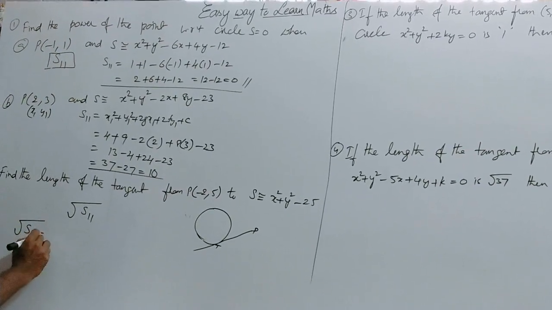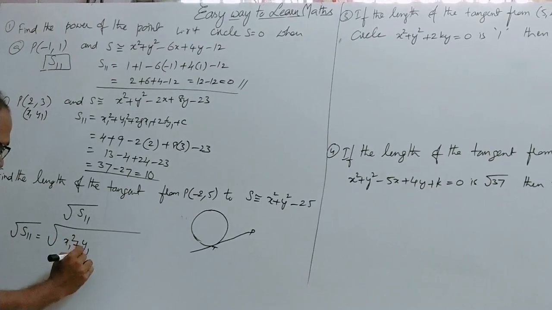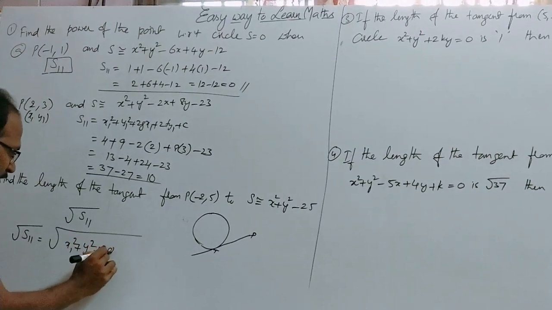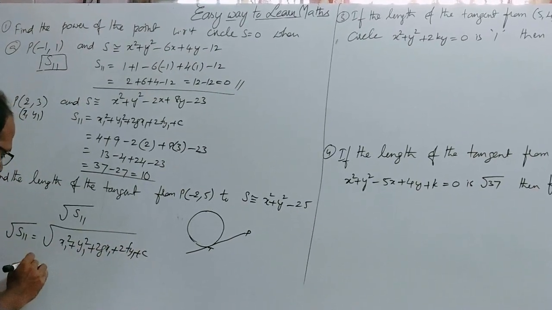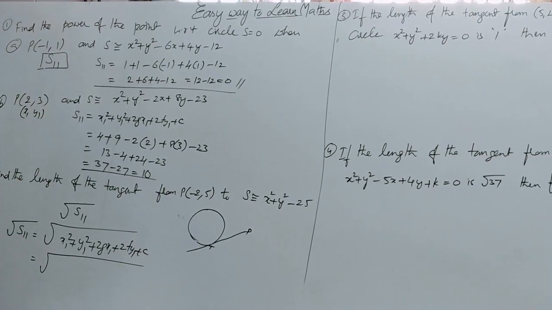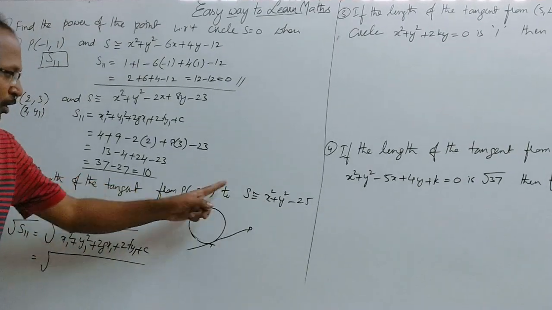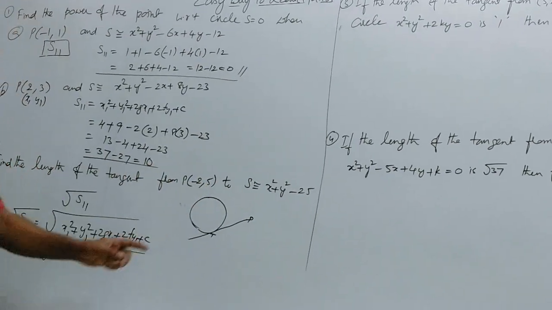Therefore root S11 means square root of x1 square plus y1 square plus 2gx1 plus 2fy1 plus c. That is, simply you have to substitute that point in the equation of the circle. Here in place of x we have to substitute -2, and in place of y we have to substitute 5.